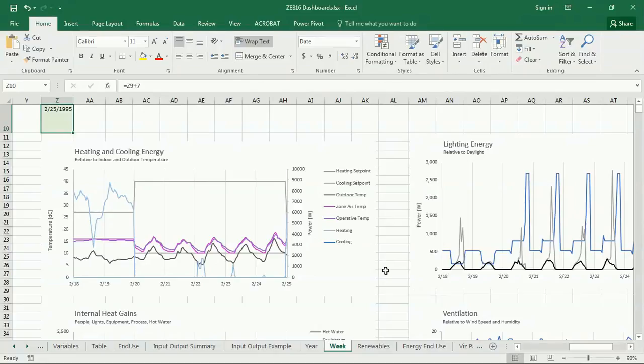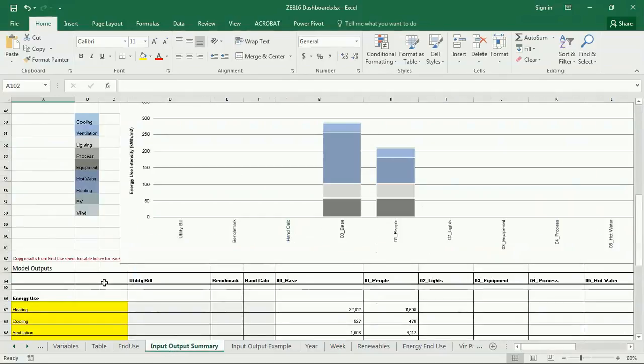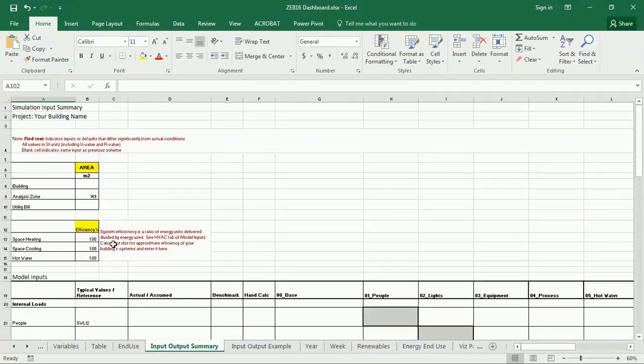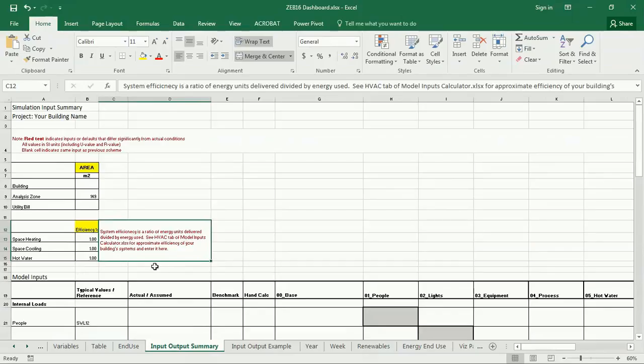One thing we didn't touch on, where we started to talk about the fact that these systems are 100% efficient, the heating and cooling systems. Well, to account for that, I'd like you to account for them in this post-processing, in this Excel spreadsheet. So if we go to the Input-Output Summary, you can see at the very top here, I've got this note saying that system efficiency is a ratio of energy units delivered divided by energy used.